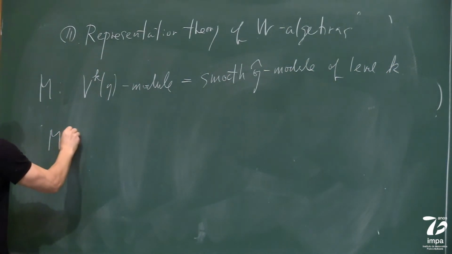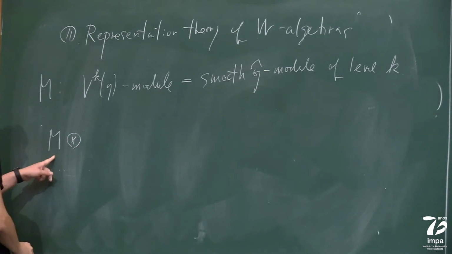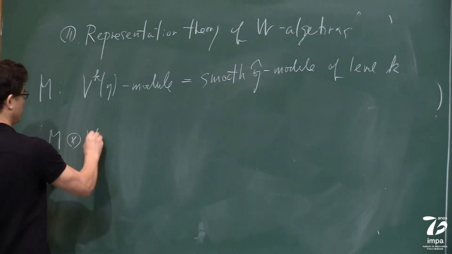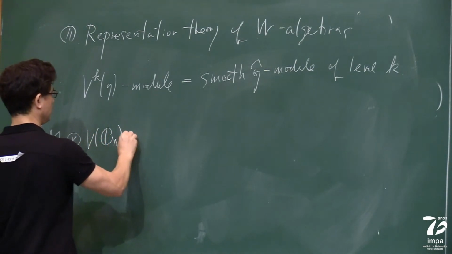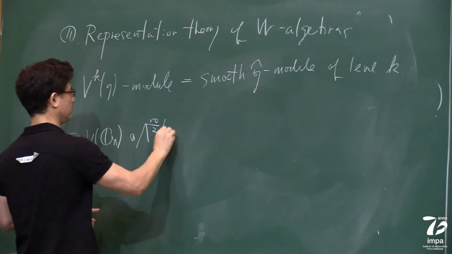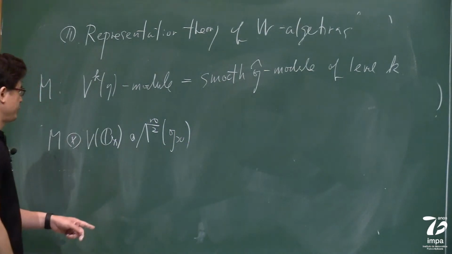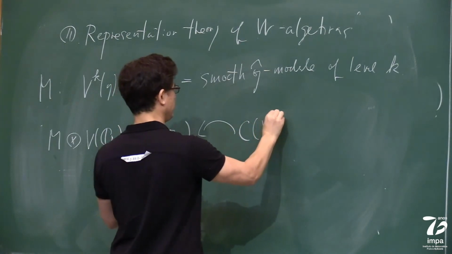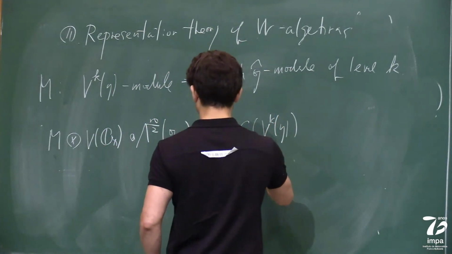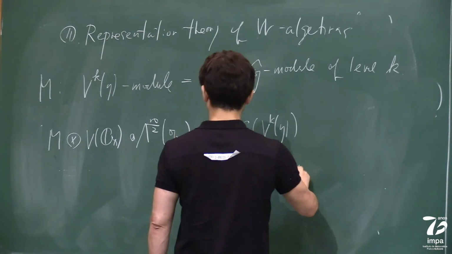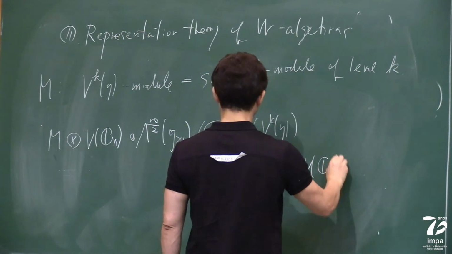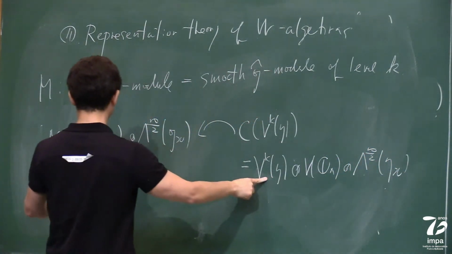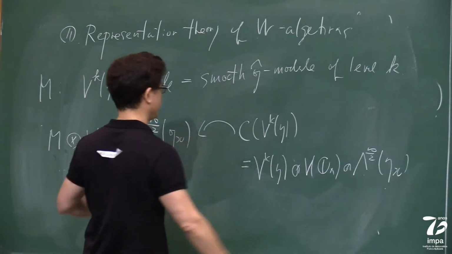So M tensor, so we replace VKG in the previous construction by M. Then this is naturally a module over C of VKG, because this is a tensor product of VKG and the semi-infinite G positive part. So this one acts here and this one acts here. So this is naturally a module.